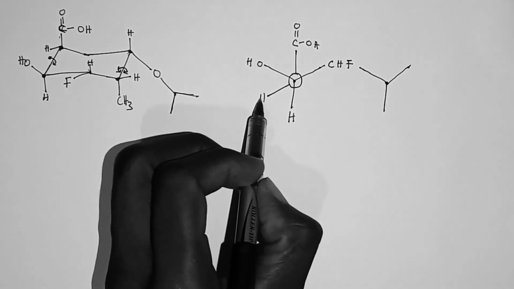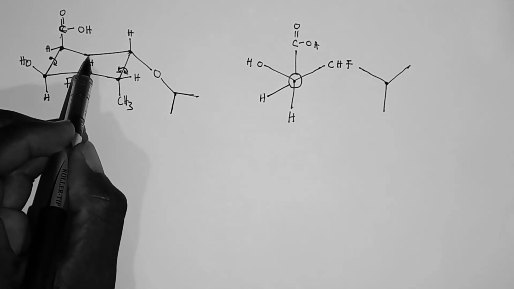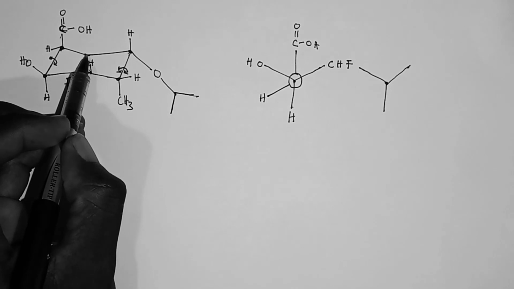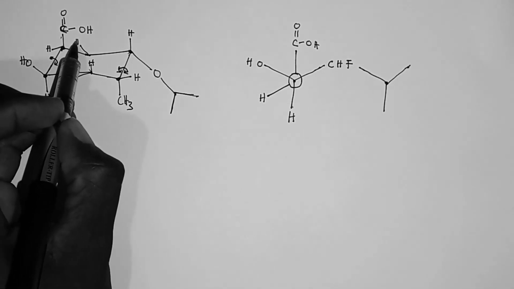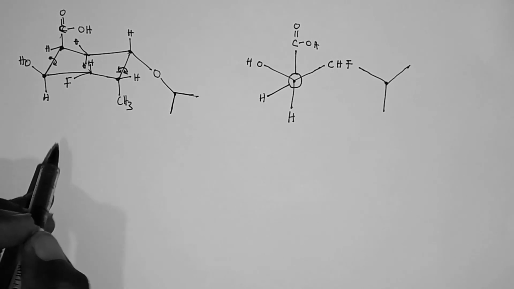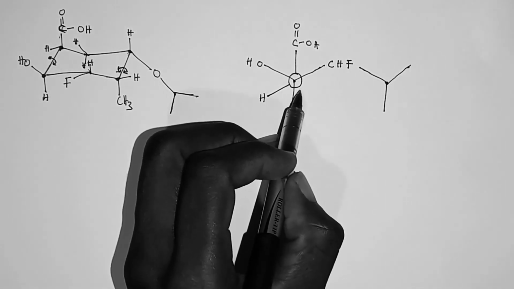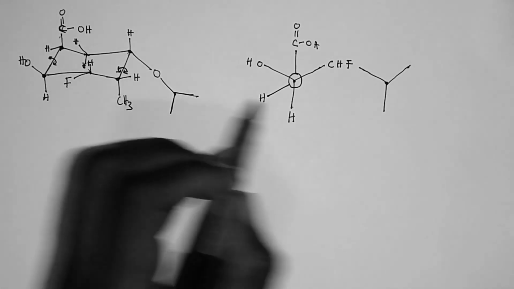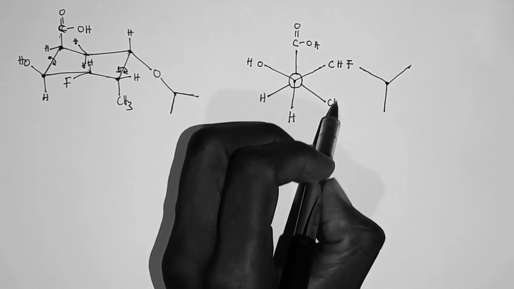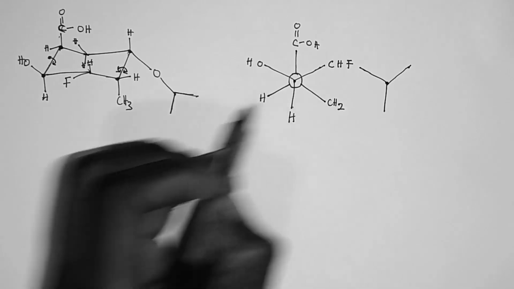So this side is a proton. And then this side is a CH2, because there is a proton in an equatorial position here, and then one in an axial position over there. So that's a CH2. So to this side of the molecule, we have a CH2.